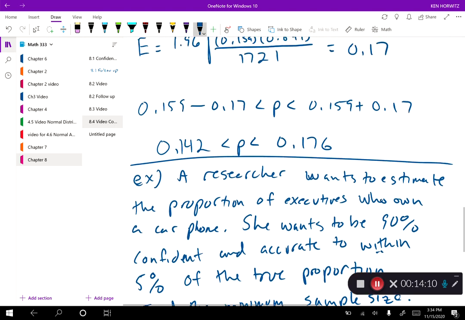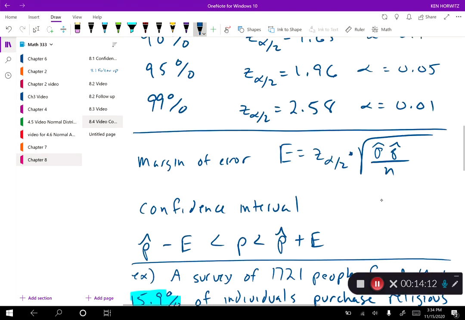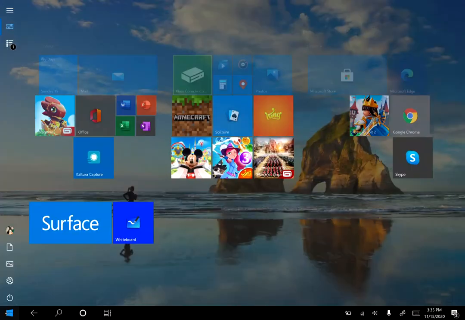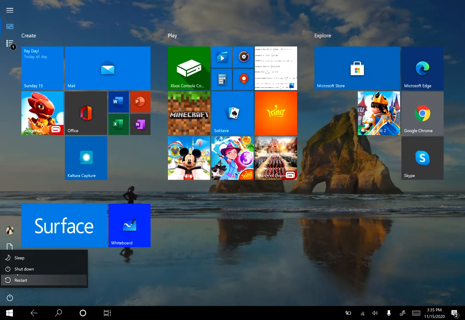And if we scroll up, we notice that our margin of error, if I took that and solved for n, I could get my sample size. All right, so we are going to do that. So why don't you pause the video, do that, and we'll talk more on the back end.